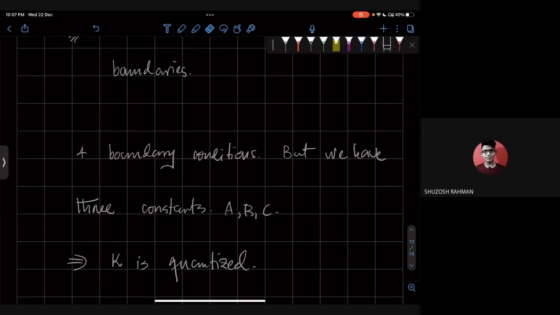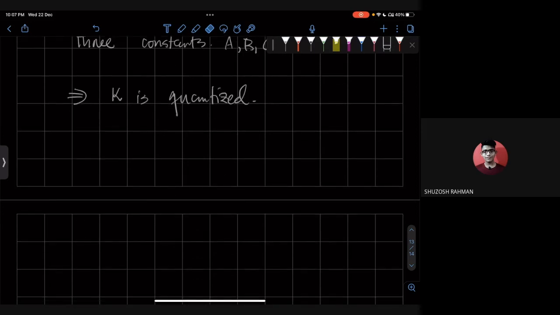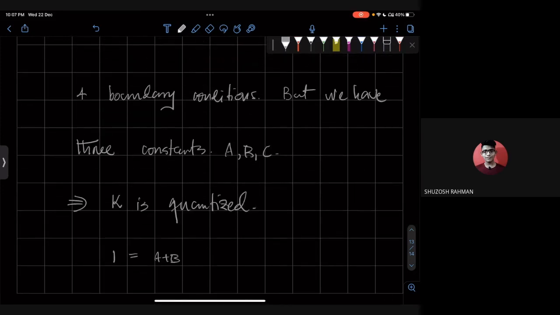Okay, so this is kind of hand wavy. So what are these conditions? Well, the first one is just 1 equals A plus B. Okay, where did that come from?